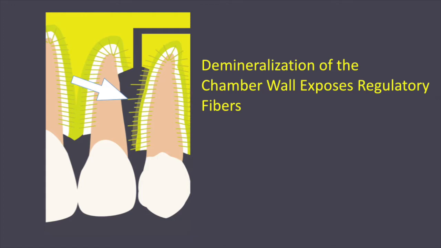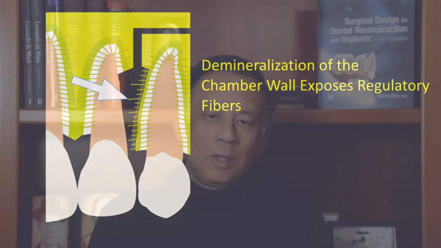The Sharpey system, consisting of collagen 1 and collagen 3, combine to create a system that is stable in the process of normal mineralization. Now, as the segment on the mesial surface of the premolar demineralizes, the Sharpey's fibers then become exposed into the chamber.